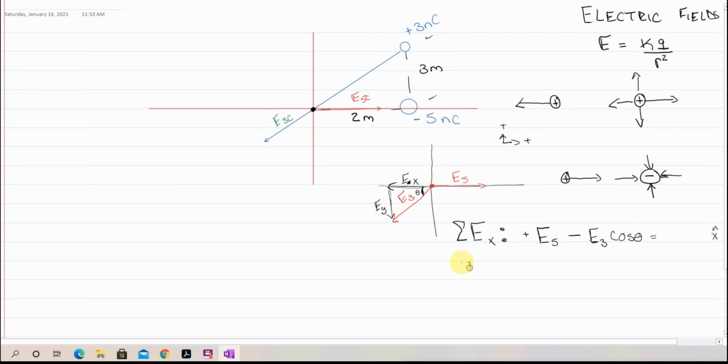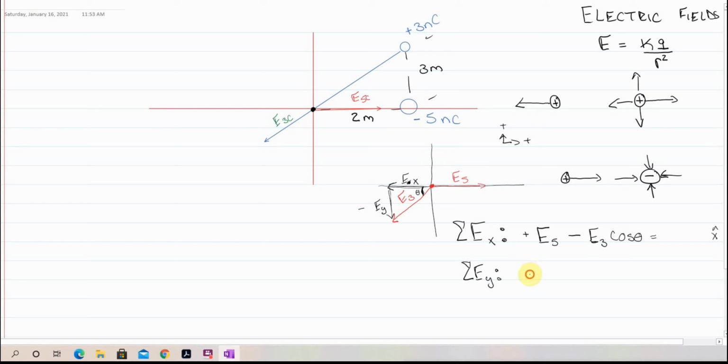Now I can look at the sum of my electric fields in the y. Well, this is kind of nice because I only have this y component. The charge that's on the axes doesn't have a y piece, so the only electric field is related to the 3 Coulomb charge.